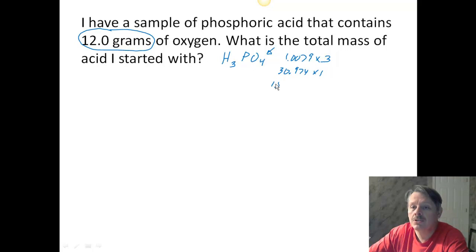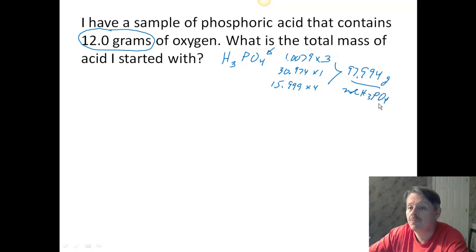And oxygen is 15.999, and there are 4 of those. When I multiply and add all those together, I get 97.994 grams per mole of H3PO4, phosphoric acid. All right, I'll need that a little bit later.